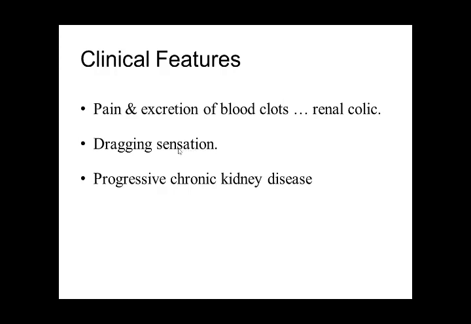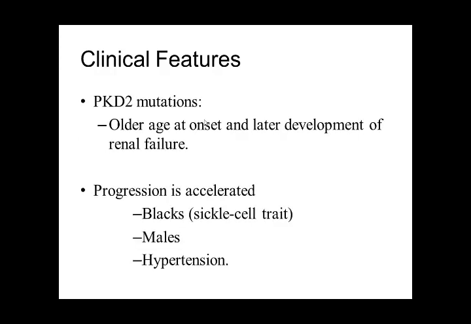All colicky pains come and go. That is what is colic. There's severe pain, then some resting time period when there is no pain, and then there is severe pain again. And the patient keeps throwing a lot of blood clots.